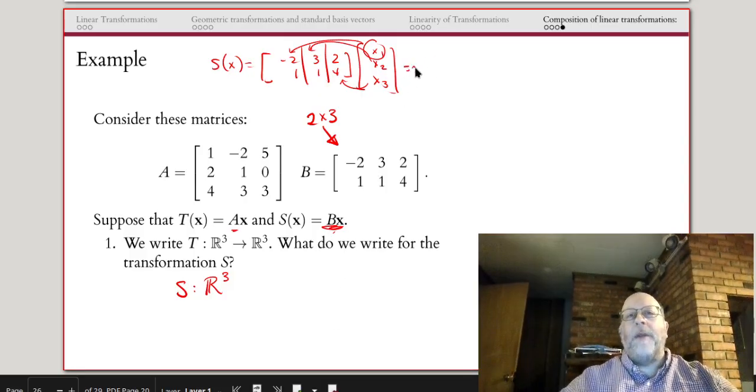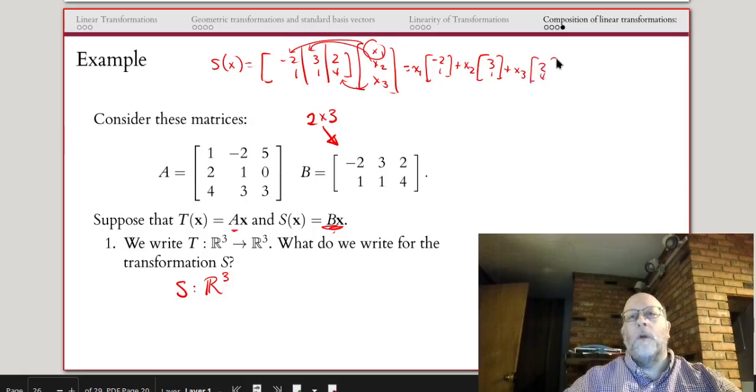When we add them together, what we're going to get is something on the top row, -2x1, 3x2, and 2x3, and something on the bottom row, 1x1 plus 1x2 plus 4x3.